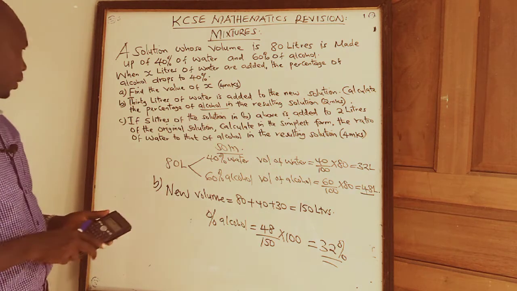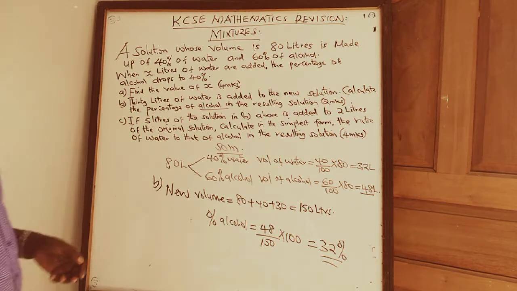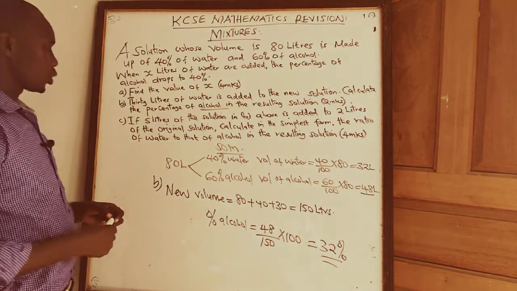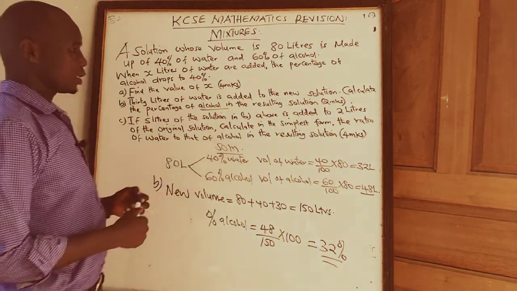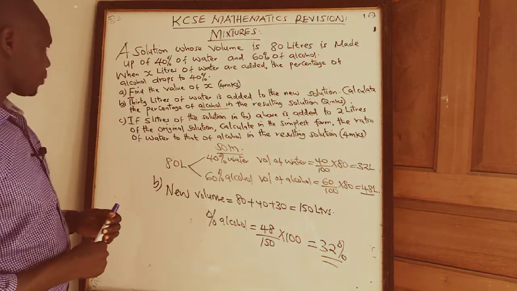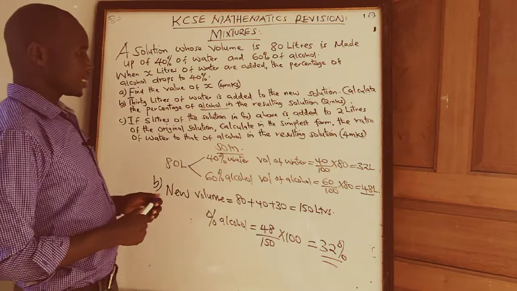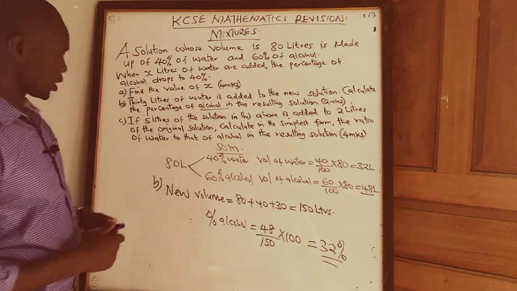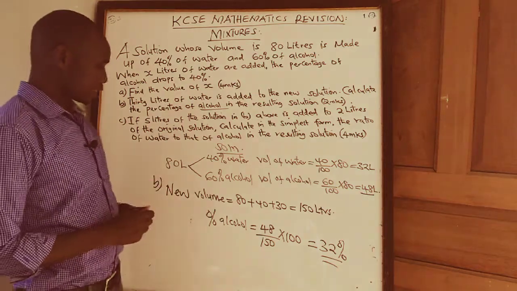Going down to our part C: if 5 liters of the solution in B is added to 2 liters of the original solution, calculate in the simplest form the ratio of water to that of alcohol in the resulting solution.